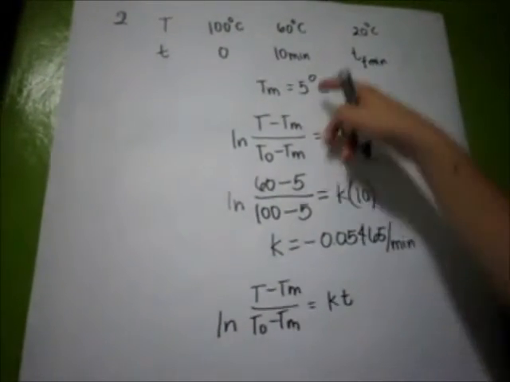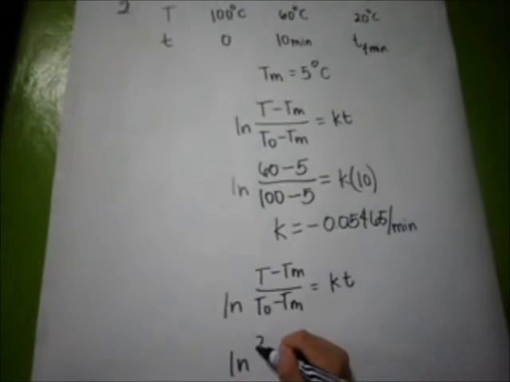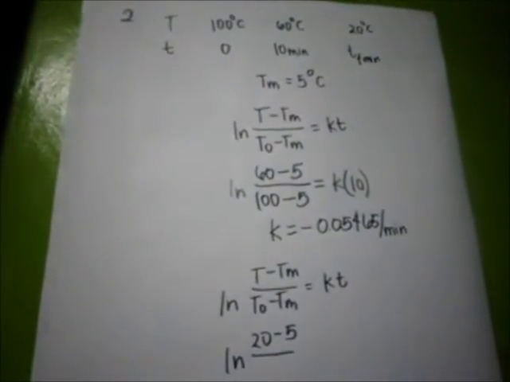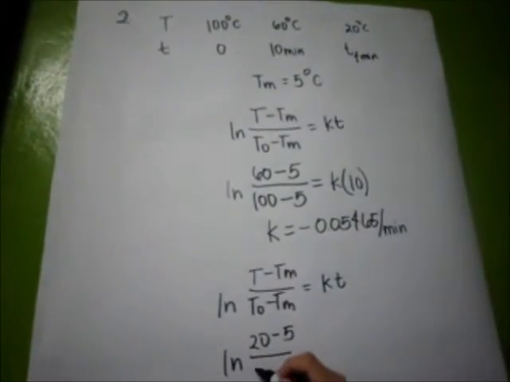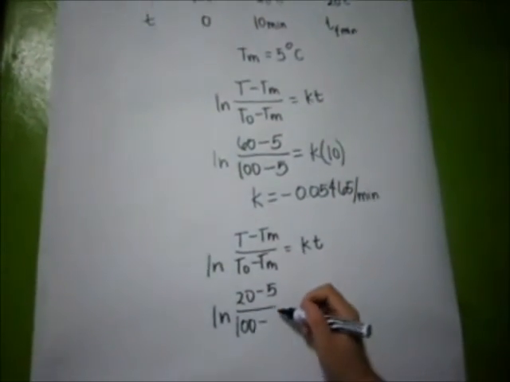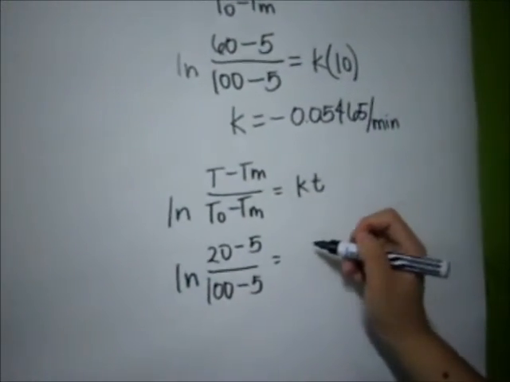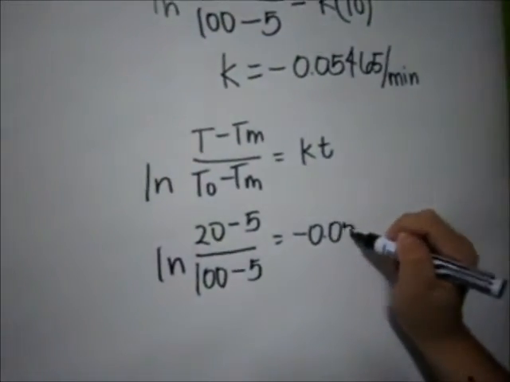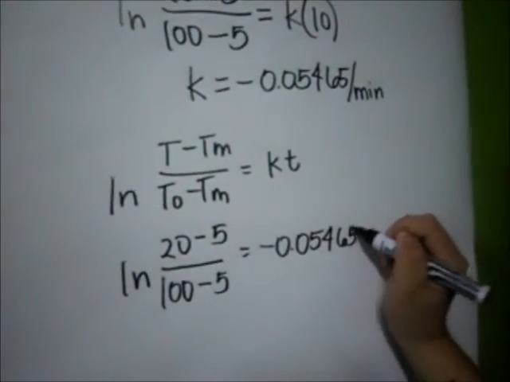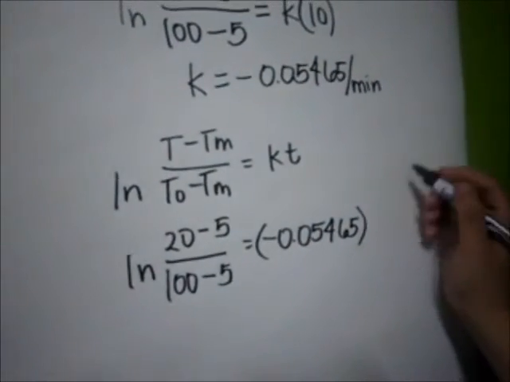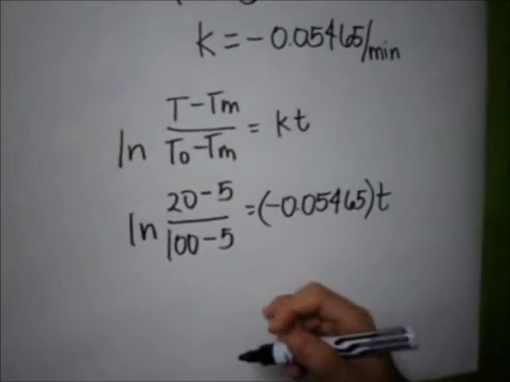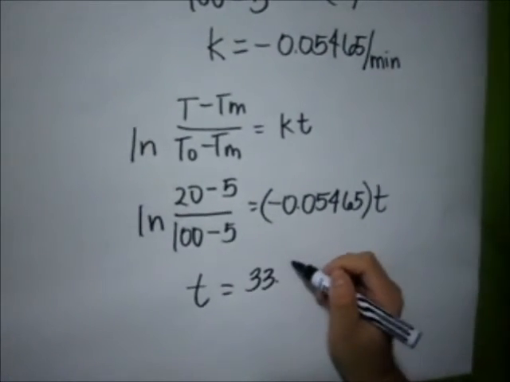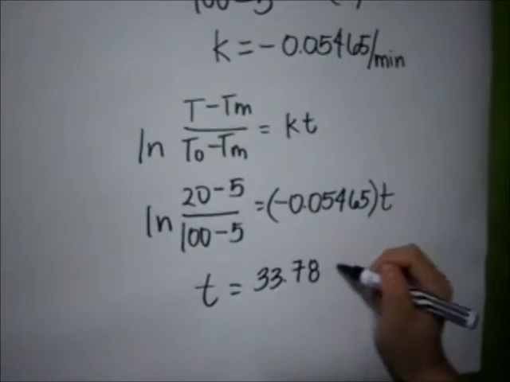For our T is equal to 20, for our Tm is equal to 5, all over, for our T naught 100, for our Tm 5, is equal to, for a value of k, negative 0.05465 multiplied by t. Simplifying it, t is equal to 33.78 minutes.